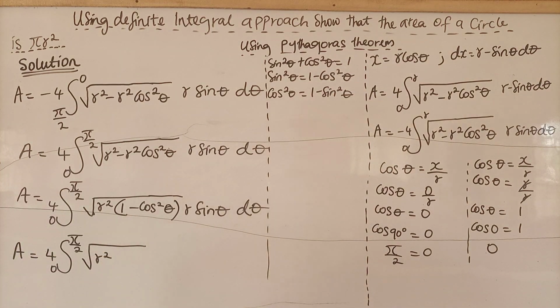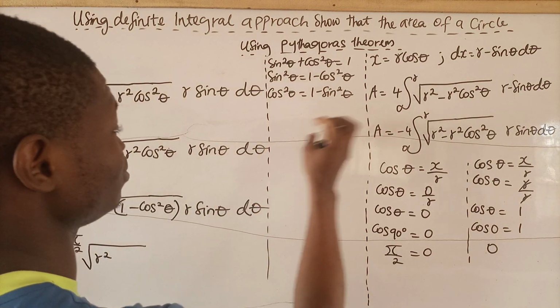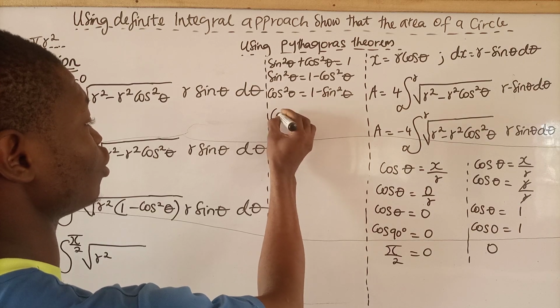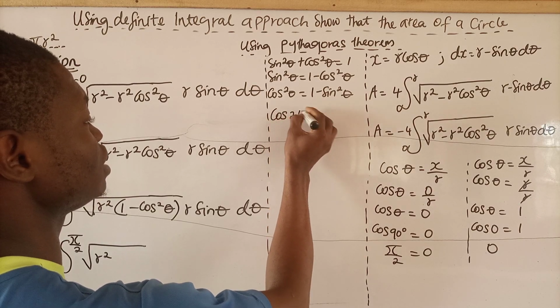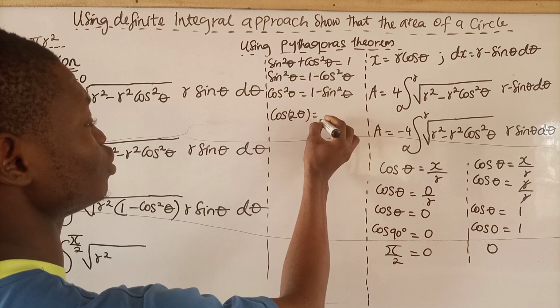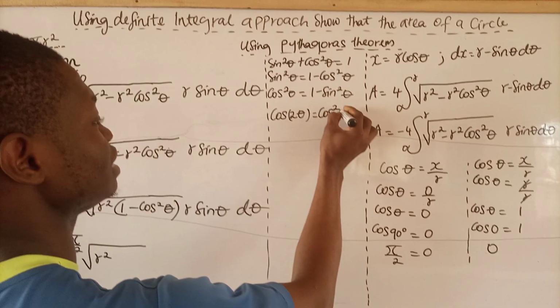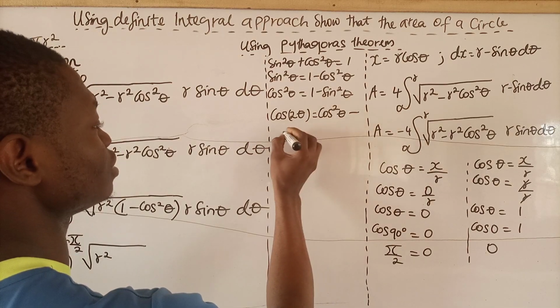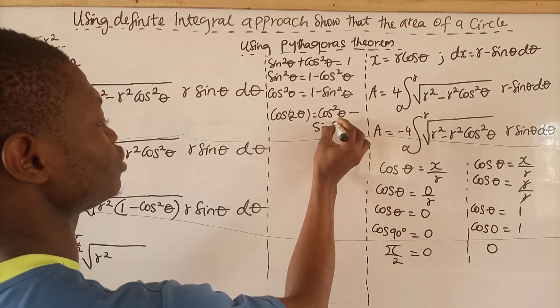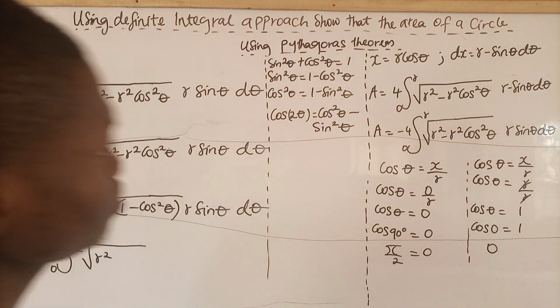So we have another double angle identity which is telling us that if you have cos 2 theta, that is equal to cos squared theta minus sine squared theta.